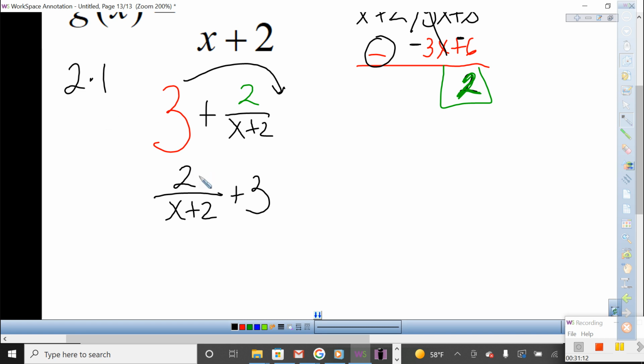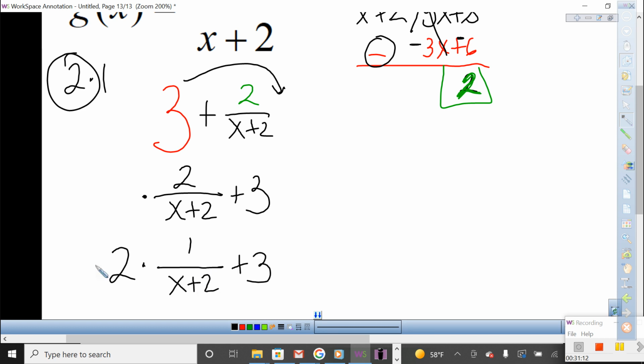So that means if we leave the 1 there and we move the 2 to the front with a multiplication, it becomes 2 times 1 over x plus 2 plus 3, and all that equals g of x. Draw arrows, so like that you know what we did here and there. For your notes.